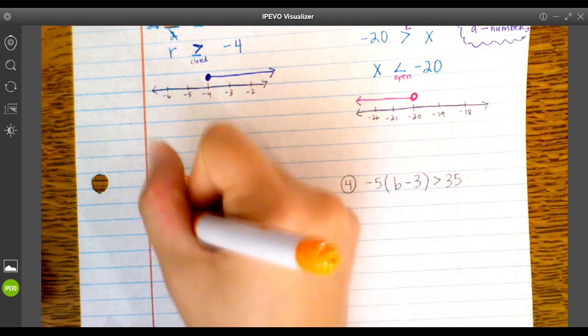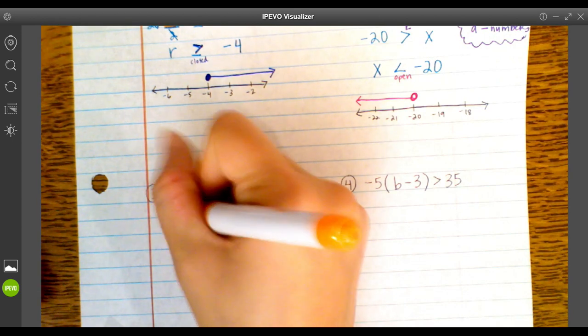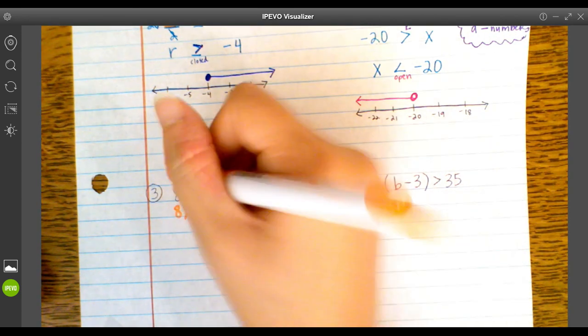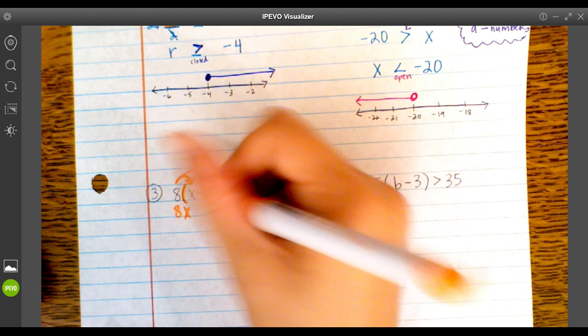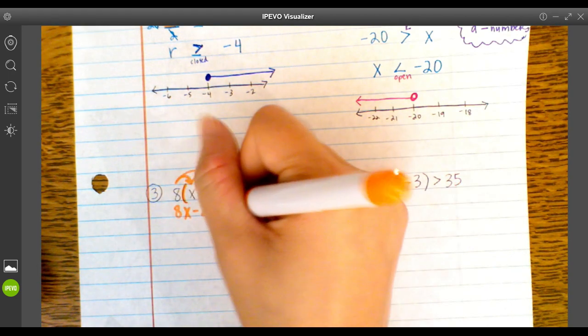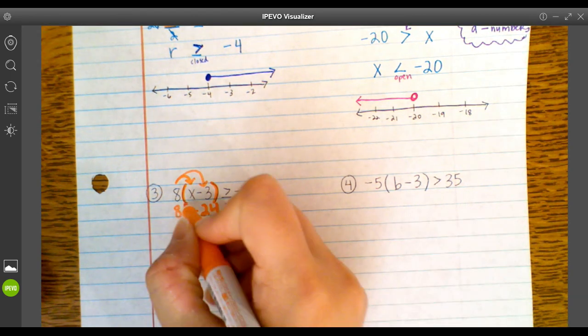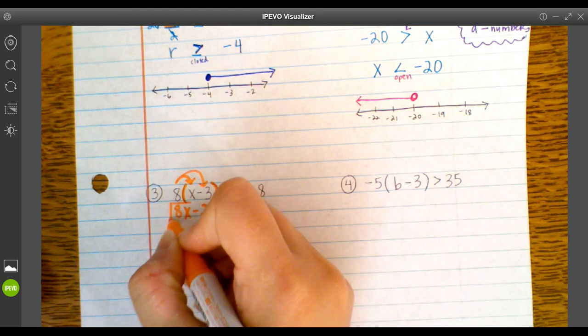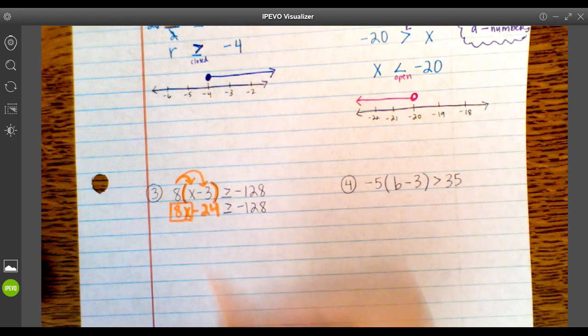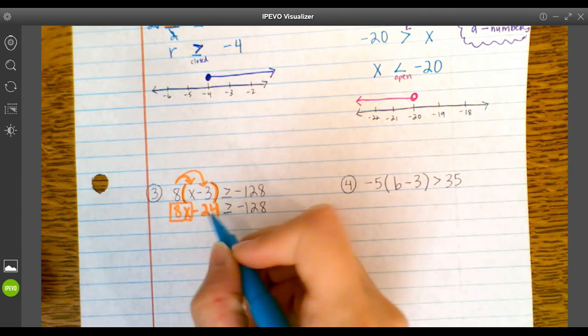So what is 8 times x? Well, that's 8x. And what is 8 times -3? Well, that's -24. And we continue writing our question. Now, our ultimate goal is to get the x by himself. But right now, that x is surrounded by an 8. So in order to undo our operations, we're not going to subtract 24.